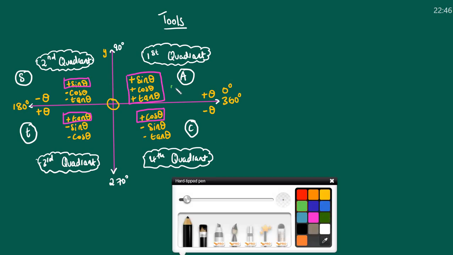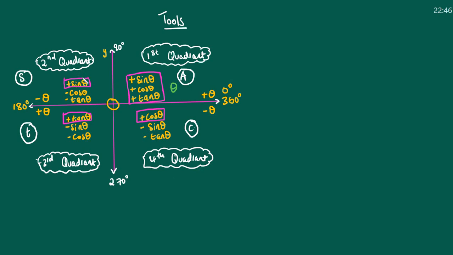In here you have theta, in here you have 360 degrees, you have 180 degrees minus theta, and then in here you have 180 degrees plus theta, and then in here you have 360 degrees minus theta. Another thing we need to familiarize ourselves with is why we are having these 180 minus theta, 180 plus theta, 360 minus theta.